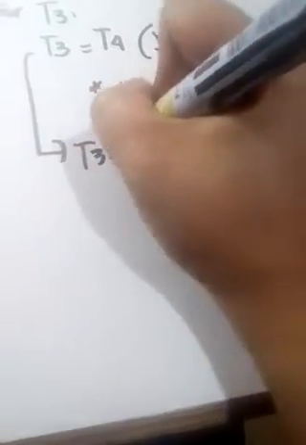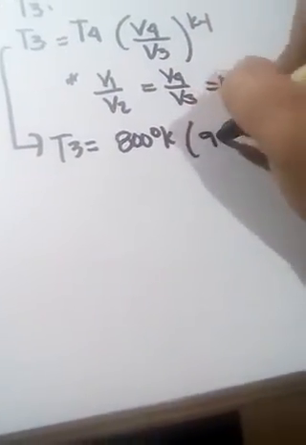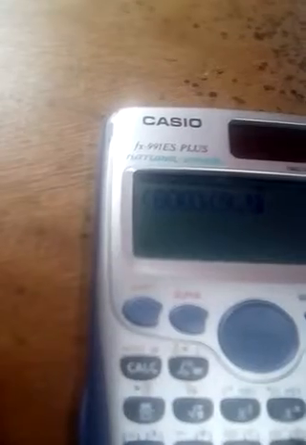Therefore, T3 is equal to T4, which is 800 degrees Kelvin, over the RK, which is 9.5 raised to 1.4 minus 1. Therefore, T3 is equal to 1,968.6995 degrees Kelvin.